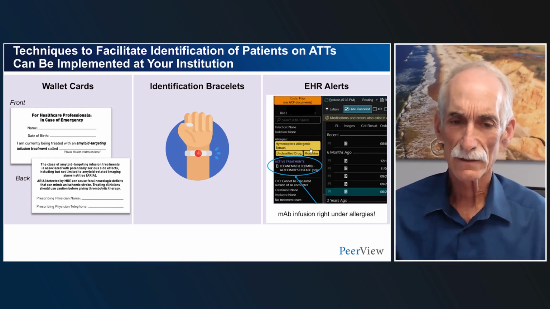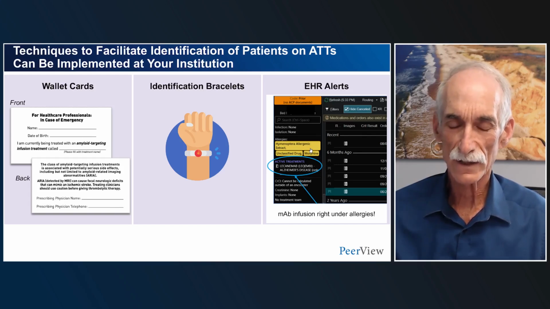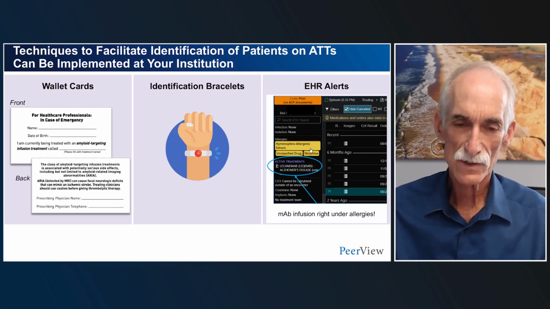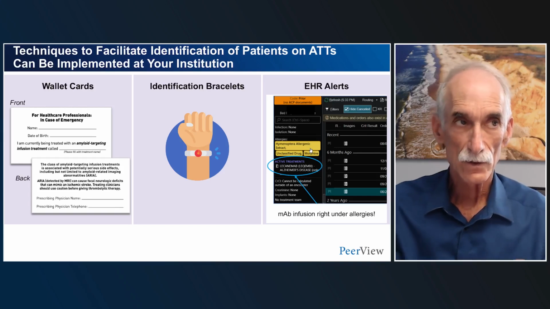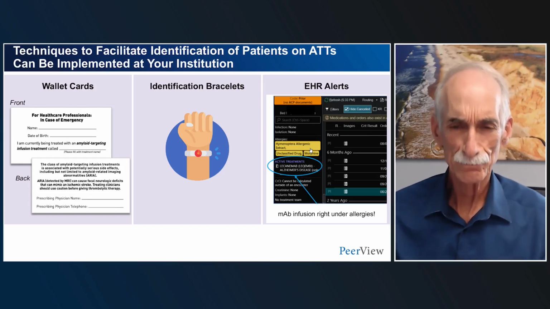They can let the treating physicians there know that they're on an amyloid-lowering drug. Having alerts in the electronic health record is really helpful so that treating clinicians know that they're on an amyloid-lowering treatment and that there could be contraindications, for example, for use of thrombolytics.